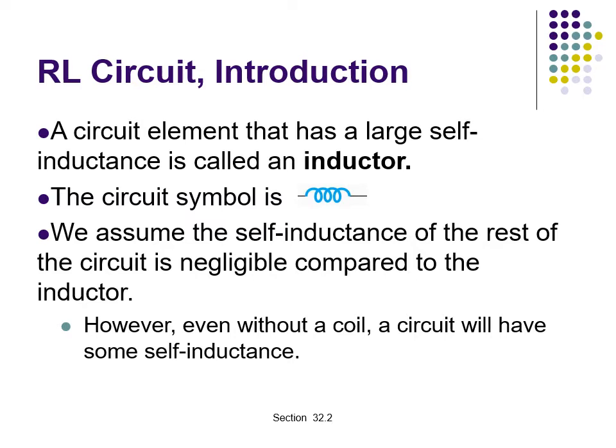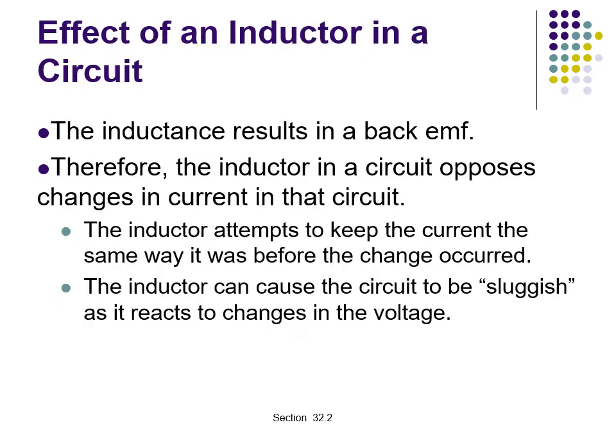And so it's going to stop or slow down temporarily only the change to the circuit. And we'll talk about in probably the next couple slides how it's going to do that and why it would do that. Why would you want to do that? So as you have an inductor in a circuit, you close the switch, current begins to flow, and a back EMF is produced that will slow down, or as the slide says at the bottom here, make the circuit sluggish. Why would that be important?